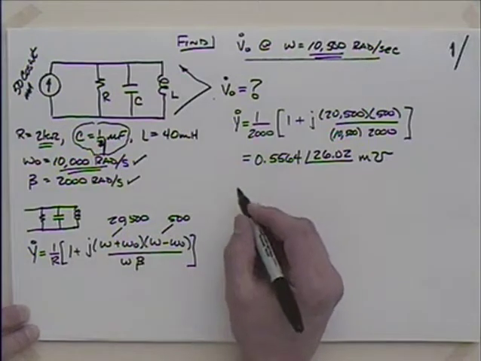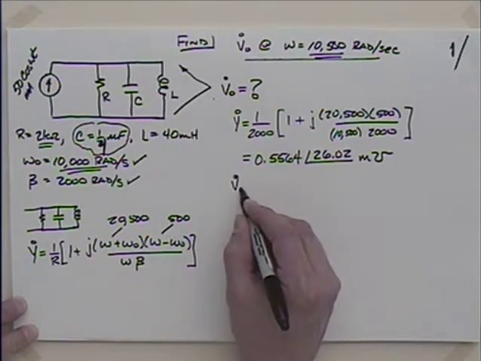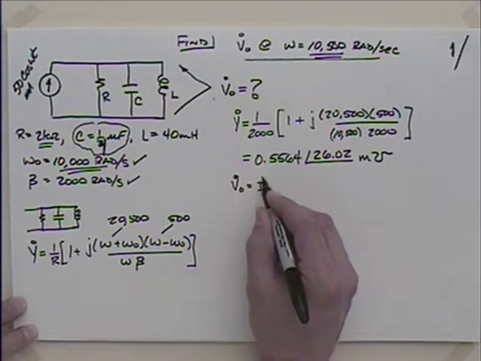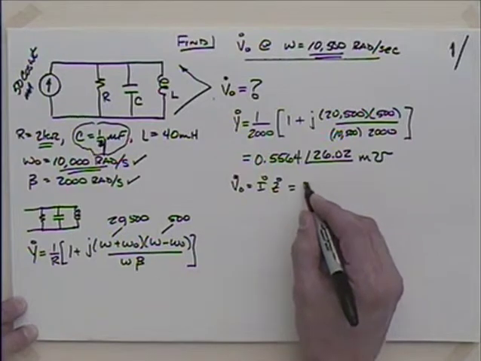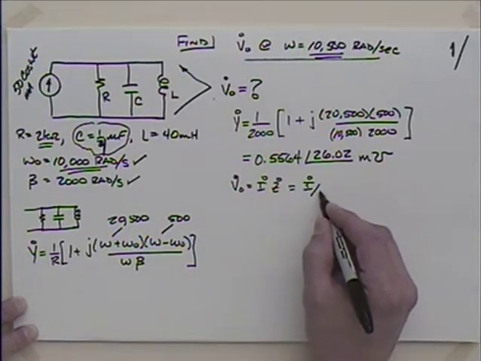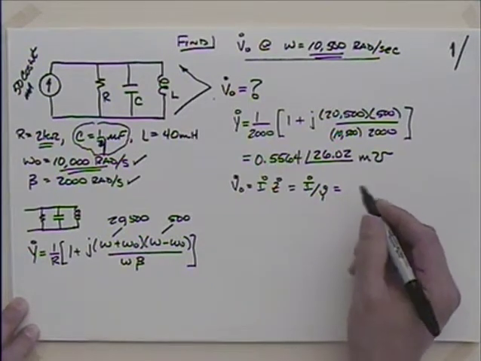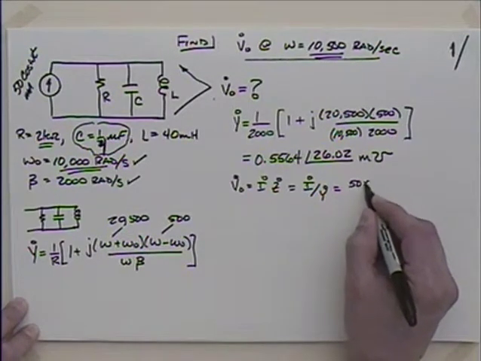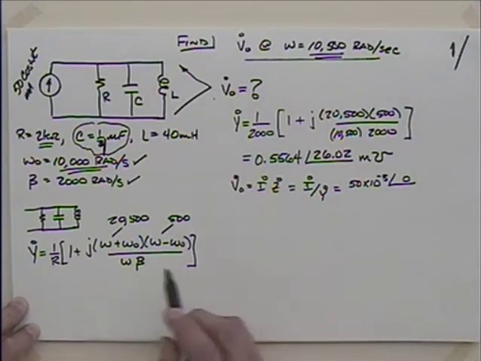So that should help us get the voltage, because we know, of course, by Ohm's law that voltage is equal to current times impedance Z, so that would also be equal to the current I divided by the admittance Y. So if I put this in here, we have 50 times 10 to the minus 3 at an angle of 0.